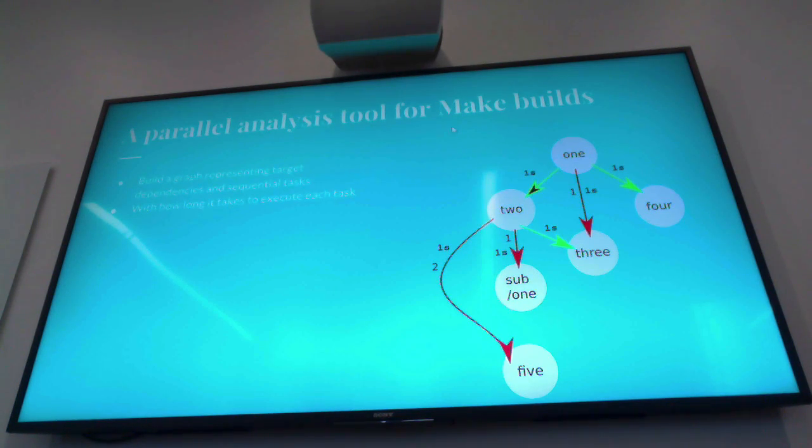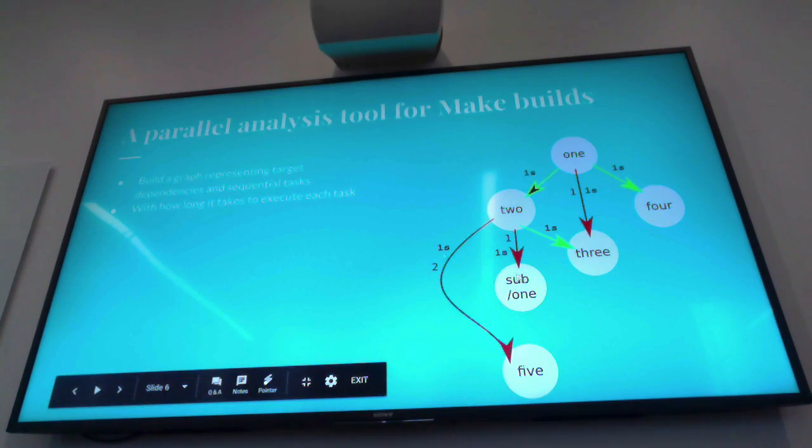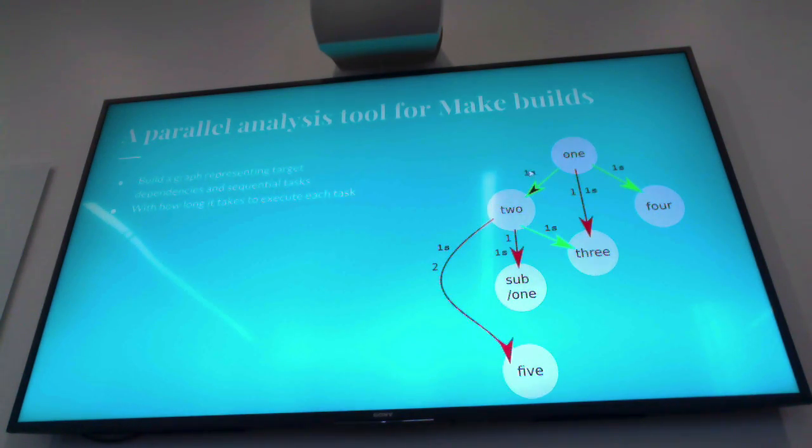So the tool that I've been building does this kind of work for make builds. It builds a graph representing the targets, which are 1, 2, 3, 4, 5, and sub 1. And then it also gathers the time it took to run each of these sequentially. That's what the 1s are, the weights on these edges. So in this fake build, everything took 1 second to execute.